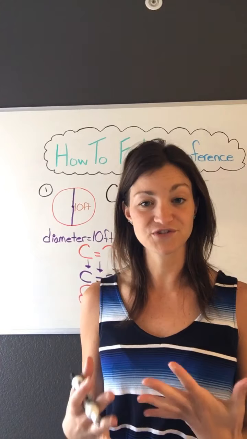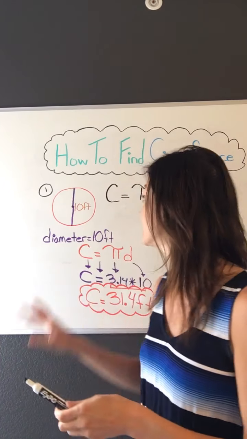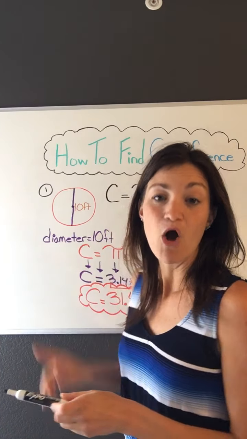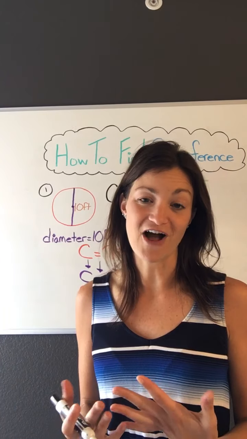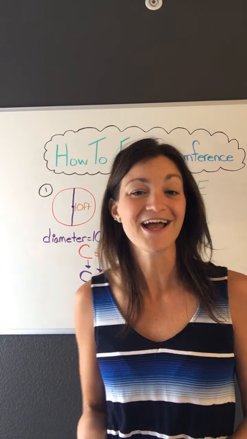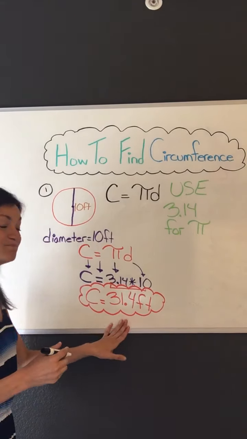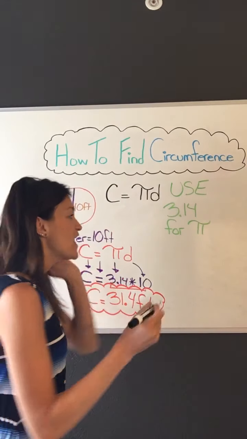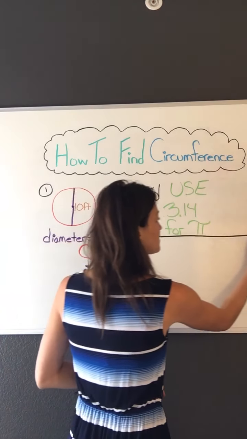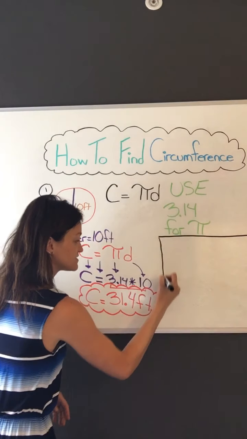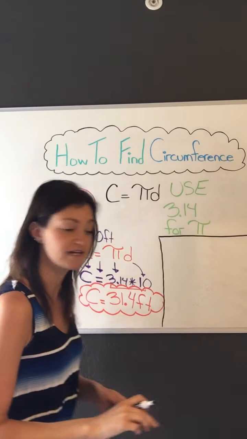So when you're working with circles, you can find circumference, which we just did, or you can learn how to find area, okay? So for this one, I just want to show you something. Let's break this off real quick because this is separate, but related.